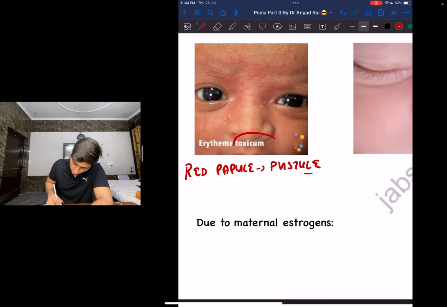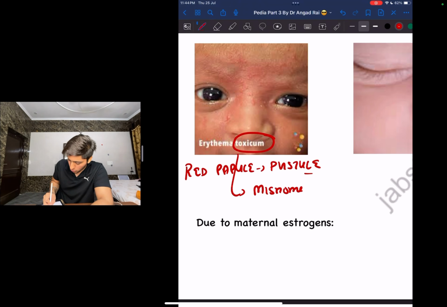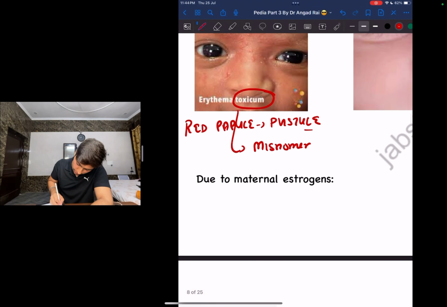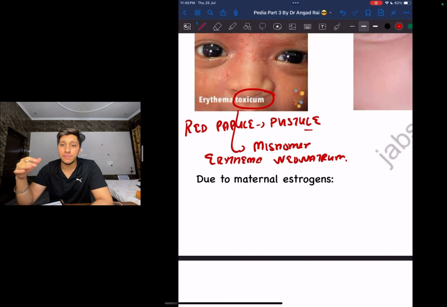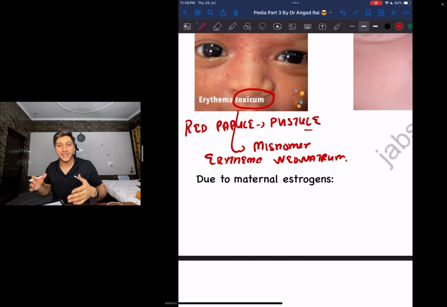Remember, it is written toxicum over here, but this is a misnomer. It is also known as erythema margi, oh sorry, not erythema marginatum, erythema neonatorum. Whoever was following with me when I was saying erythema marginatum, don't get directly influenced like this.